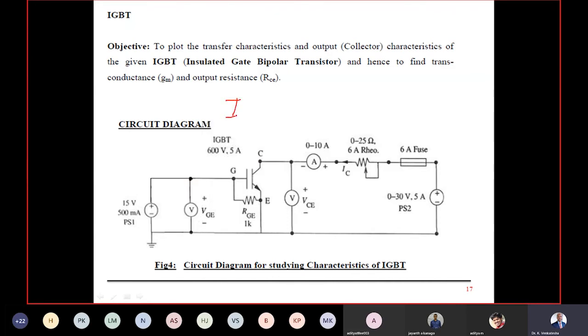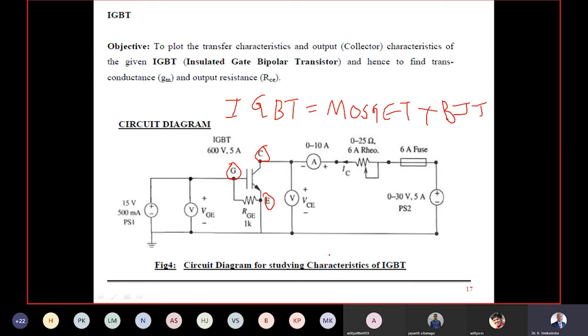Always remember, IGBT is equivalent to a MOSFET at the input side. That's why the terminal at the input side is gate, of the MOSFET, plus BJT at the output side. That is why we have collector and emitter of the transistor at the output side. So IGBT is always a combination of MOSFET and BJT.